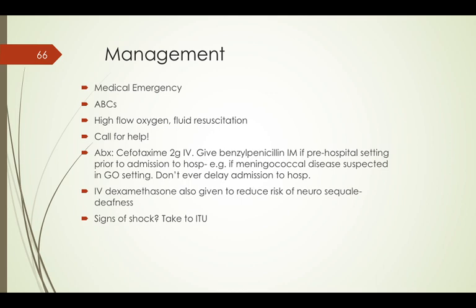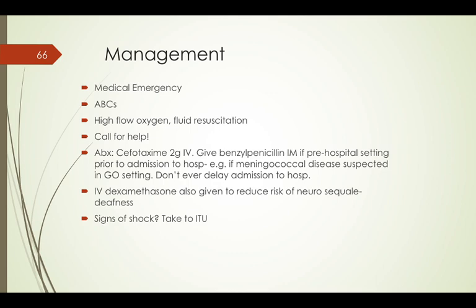Antibiotic of choice tends to be either cefotaxime or ceftriaxone. If your patient is not in hospital at that moment, say they're in a pre-hospital setting such as the GP, giving them benzylpenicillin IM can often be life-saving prior to admission to hospital.